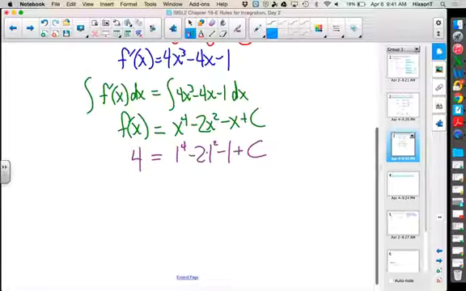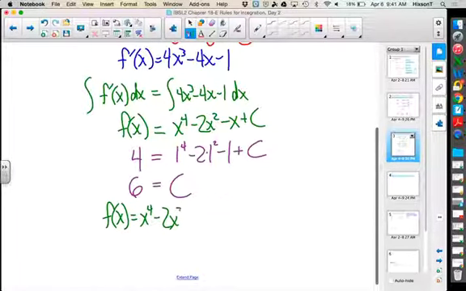What does c end up equaling? 6. So c is 6, and now we know our original function. F of x equals x to the 4th minus 2x squared minus x plus 6.